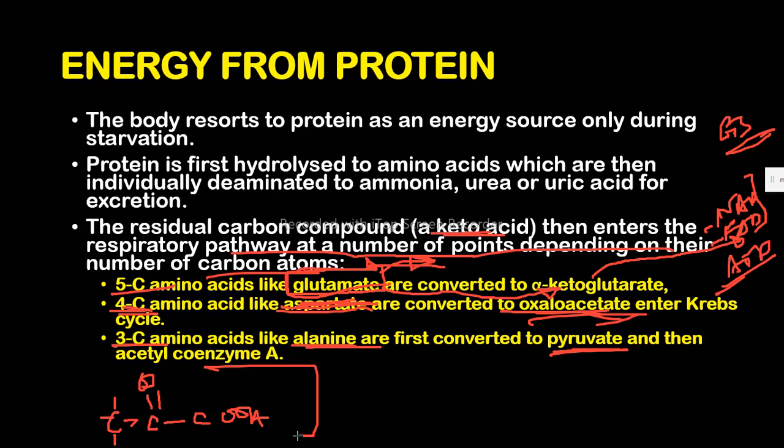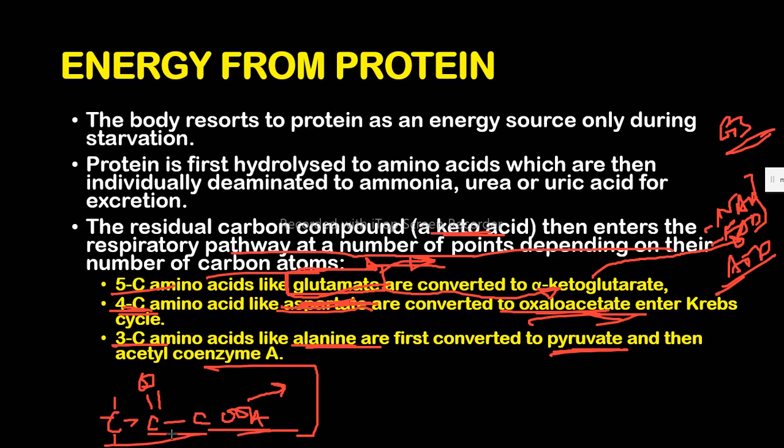And then the pyruvate will now be converted into acetyl. It undergoes oxidative decarboxylation, where it loses carbon dioxide and then loses hydrogen, and the hydrogen is taken up by the NAD together with the electrons to form reduced NAD.